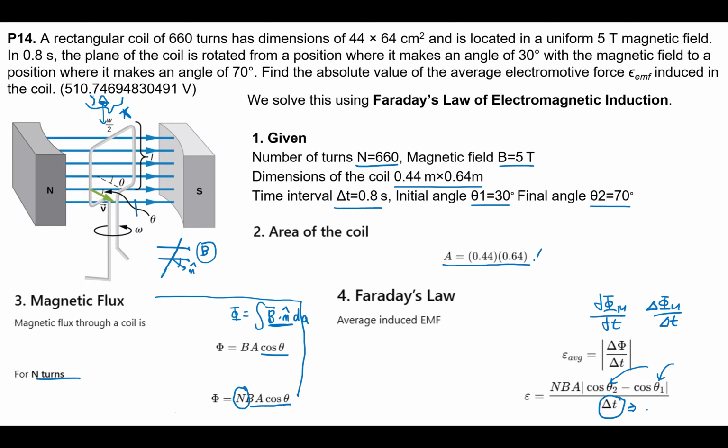Delta t is given by 0.8 second. So every value is known. N is known, the magnetic field is known, A we already calculated here. Theta 2, theta 1 are known, and delta t is known. Then you can find out the electromotive force.